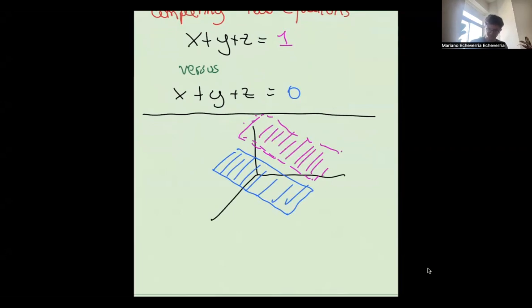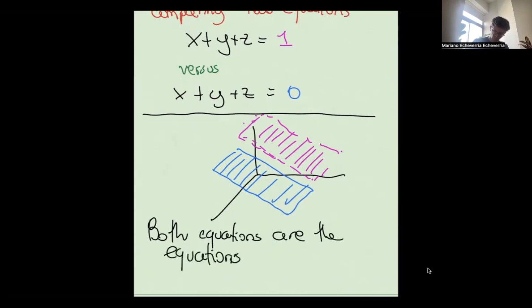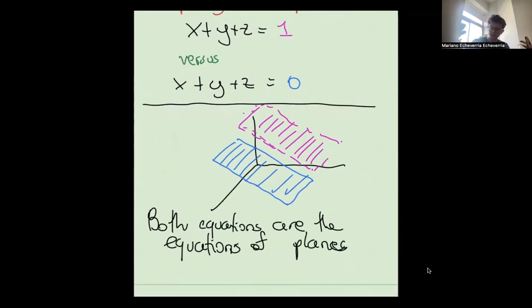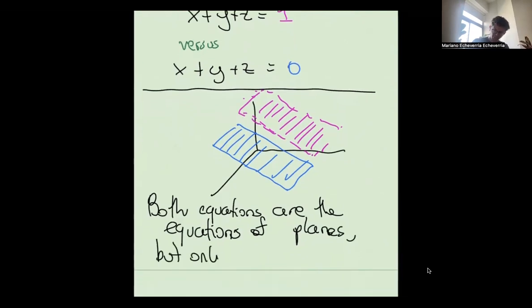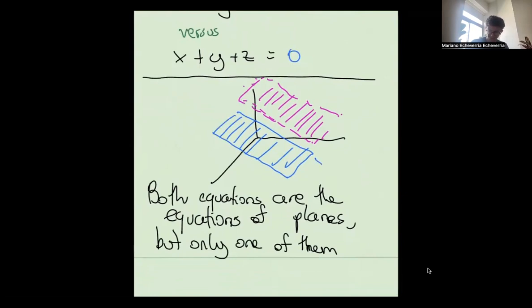Both equations are planes, but only one of them passes through the origin. Here is x plus y plus z equals 0, and here's x plus y plus z equals 1.